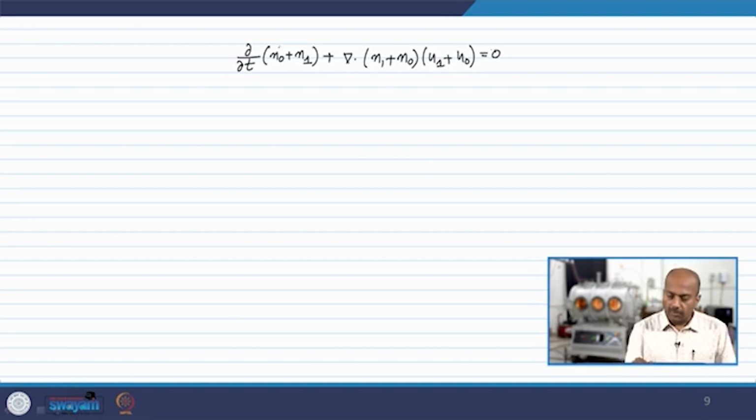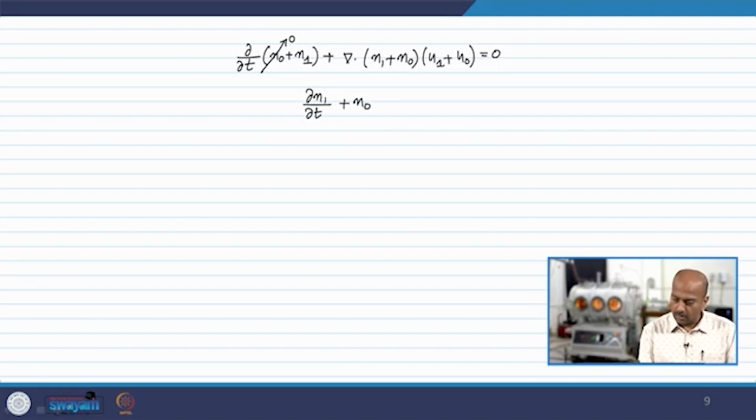The time derivative of n0 is going to be 0, and if you use the basic principle that second order terms in perturbation variables are going to be neglected, we can write the continuity equation as ∂n1/∂t plus n0 del dot u1 is 0.